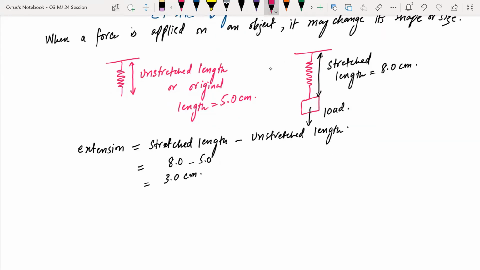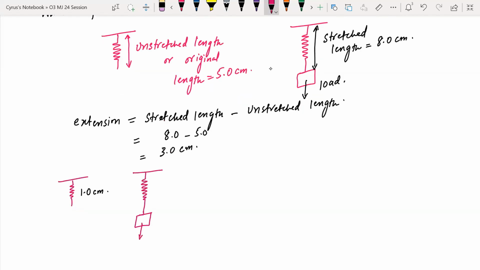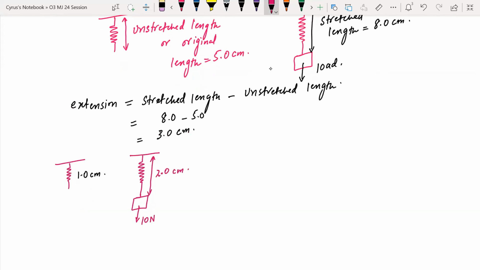Okay, I have here a spring. Let's say the length of the spring is 1 centimeter and I attach a load to this one. So this is a 10 Newton load which is attached. So let's say the length of this is now 2 centimeters, right? But what is the extension of this spring? 1 centimeter. Extension x is 2 minus 1, which is 1 centimeter, right?